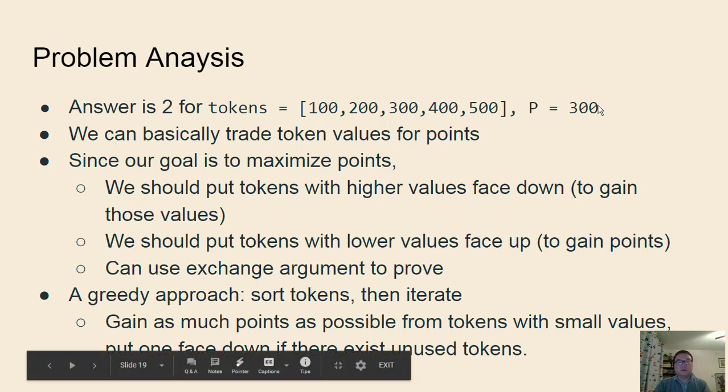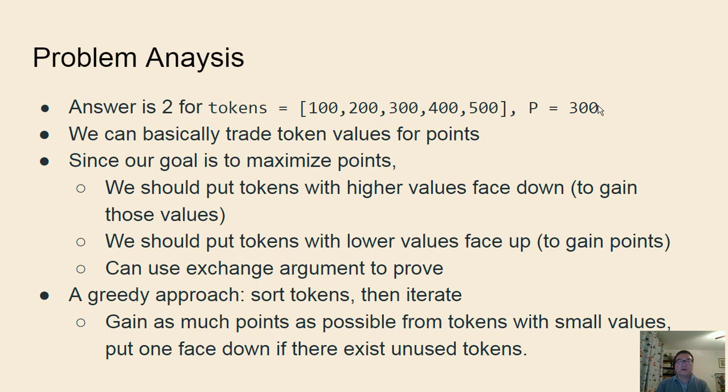We sort the tokens, and then we iterate, trying to gain as many points as possible from tokens with small values. When we run out of that, we can put 1 token with the maximum value face down. But we do that only when there still exist unused tokens, because otherwise we're losing 1 point without gaining anything.